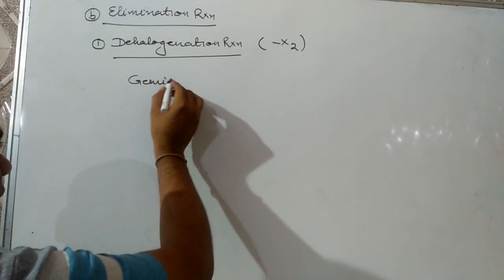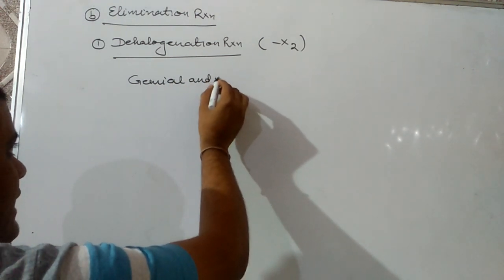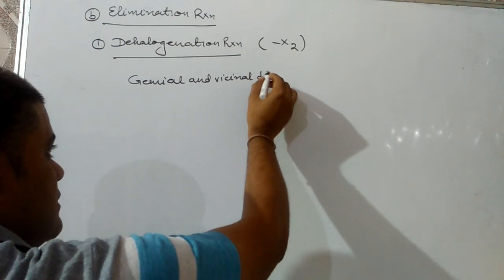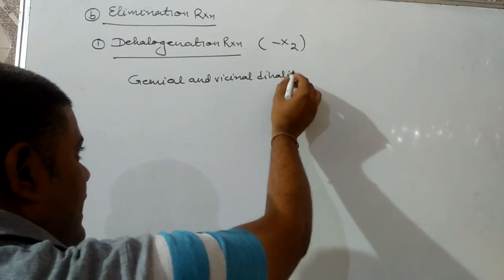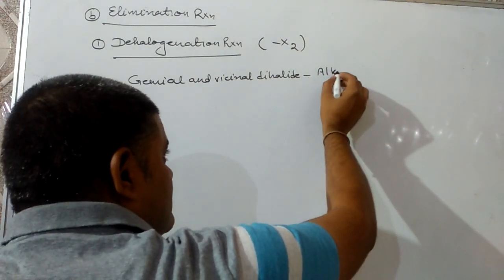And vicinal dihalide. Geminal and vicinal dihalides will produce alkene.